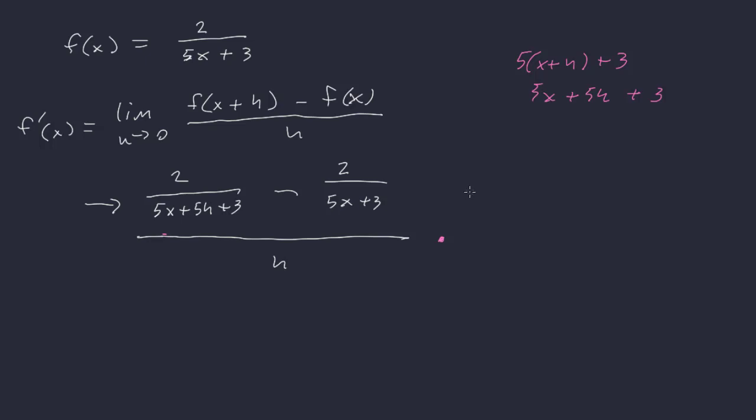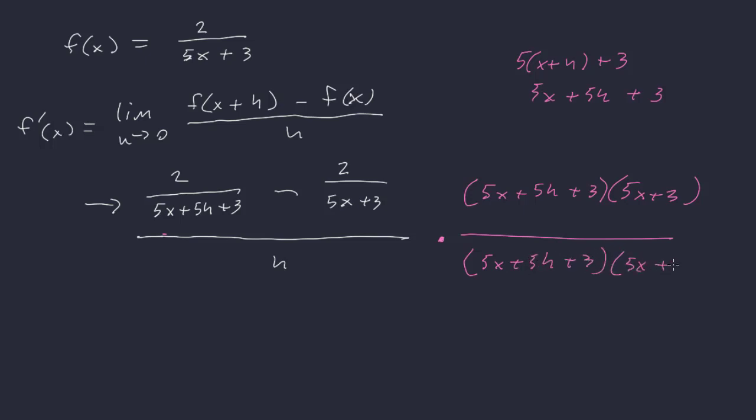Okay, so now we're going to multiply the top and the bottom by these two denominators multiplied together. Okay, so the 5x plus 5h plus 3 times the 5x plus 3. Multiply both the bottom and the top by it. And doing that, when we distribute this across, here the 5x plus 3's will cancel and we'll be left with just this, and here the 5x plus 5h plus 3 will cancel and we'll be left with just the 5x plus 3.